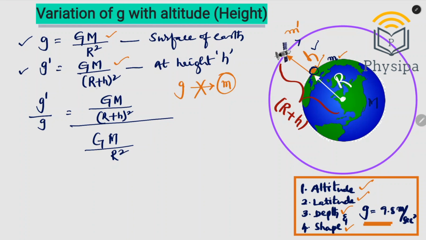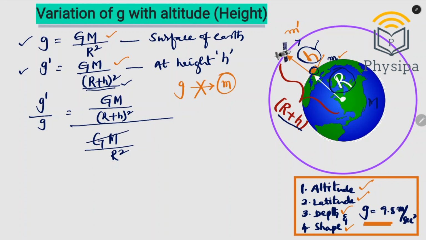Here we have written r plus h whole square in place of r square because the distance of the satellite from the center of earth is r, that is the radius of earth, plus h, the height of the satellite from the surface of earth, which is equal to r plus h.